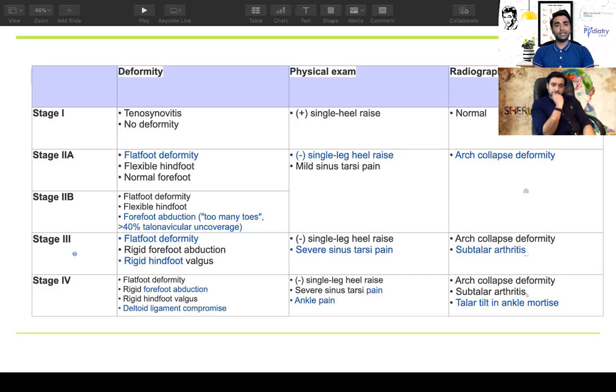It's predominantly the ladies as compared to the men, and it's a scary condition for me. If there is a musculoskeletal condition in the feet which is scary for me, I think PTTD is scary for me, because I've actually seen both ends of the spectrum.